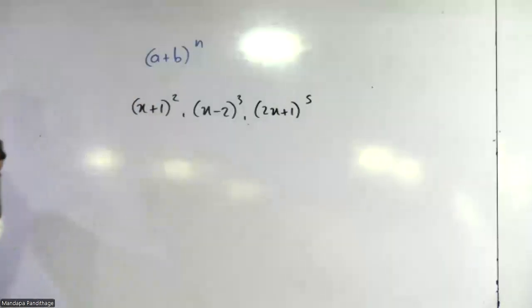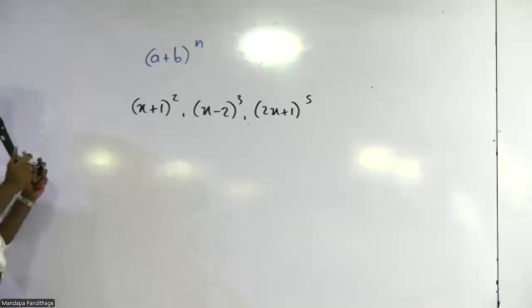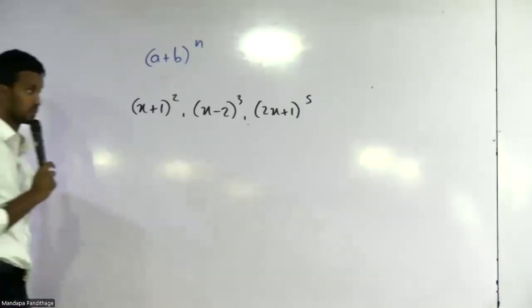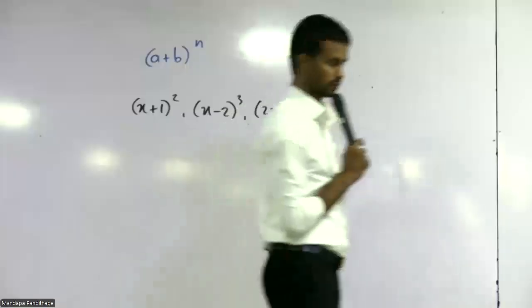Okay. Then write these examples: x plus 1 squared, x minus 2 cubed, 2x plus 1 to the power 5.